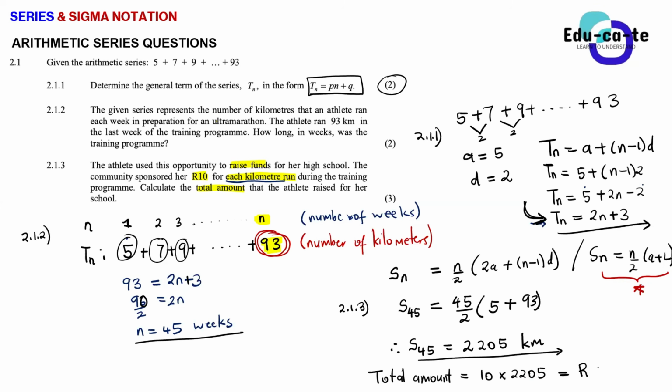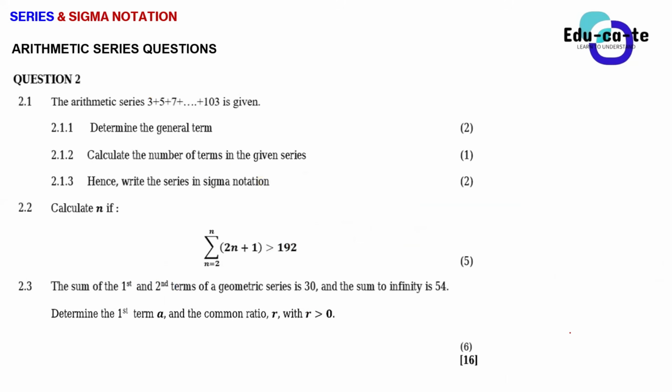We just add a 0. 22,050. Yes. So she will be able to raise 22,050 rands for her community, for her school, of course. Do you guys see this? Yes. Simple, guys, very simple.